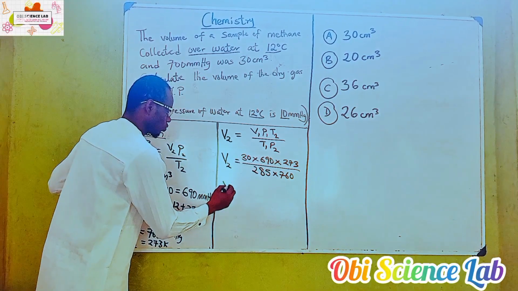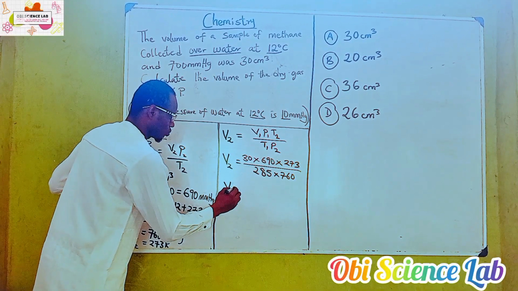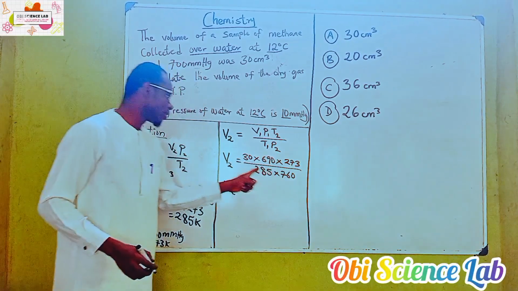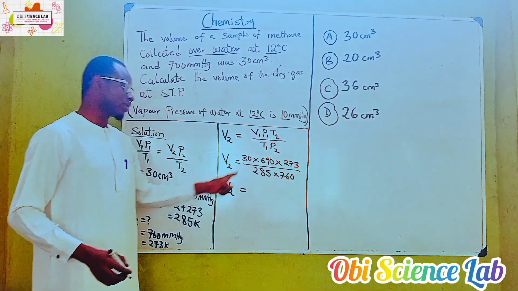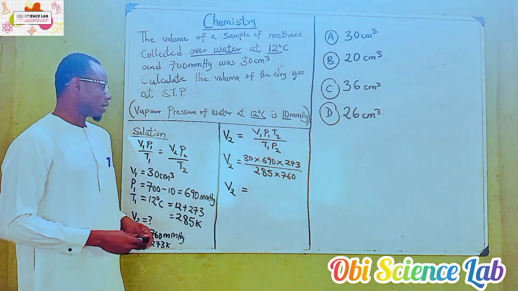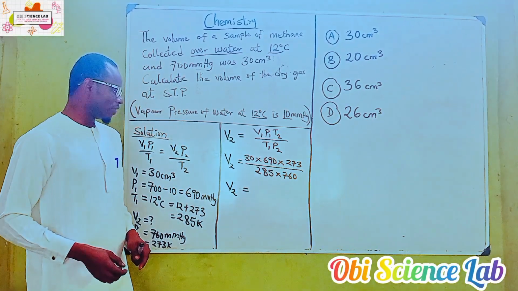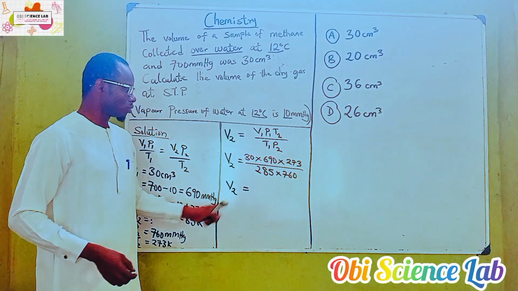So V2 will be equal to, we're going to multiply these three numbers we have at the numerator and also multiply the denominator to get the value of our V2.